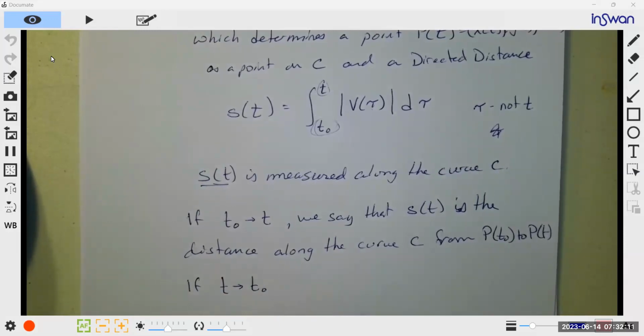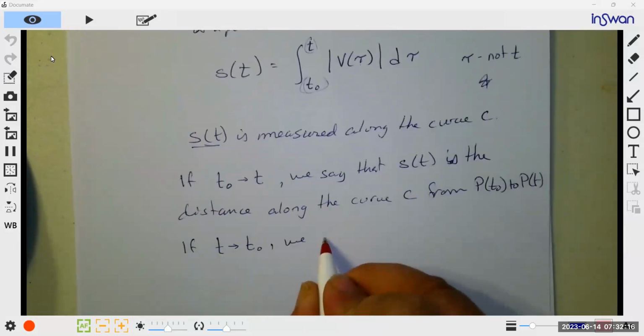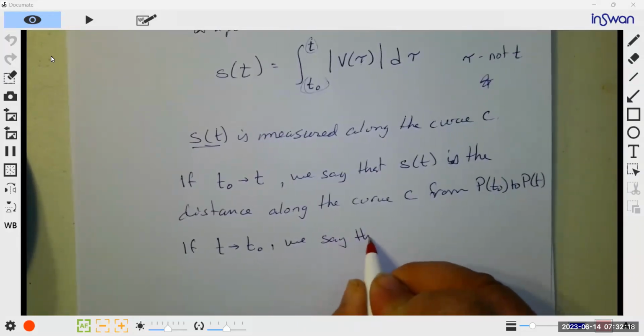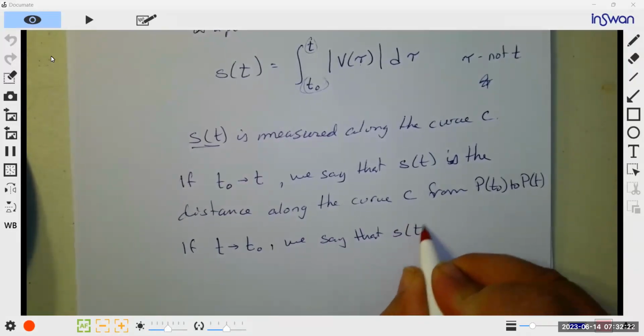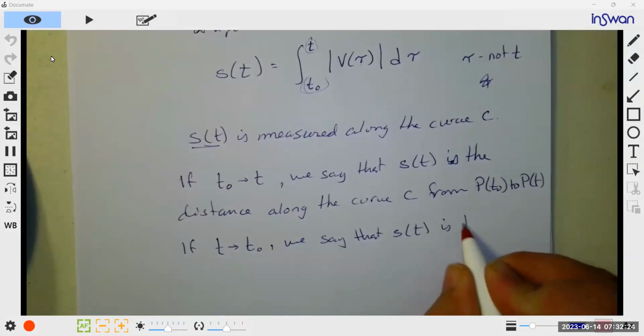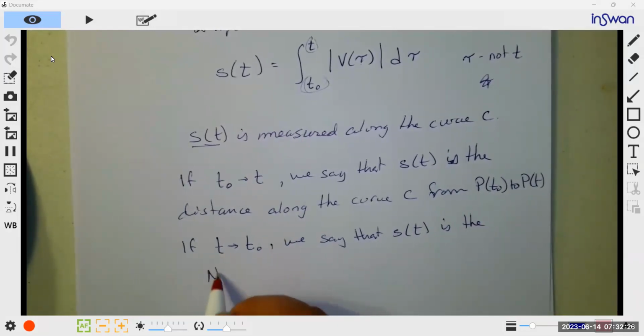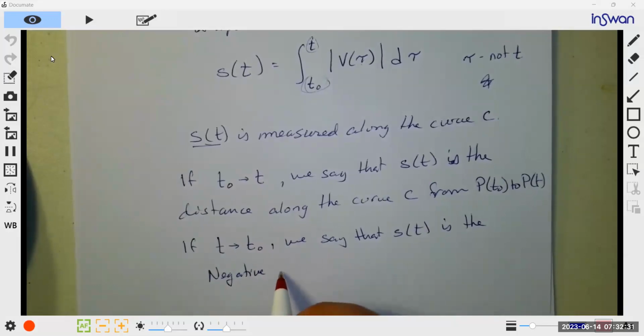If we go the opposite direction, we say that S of t is the negative of the distance.